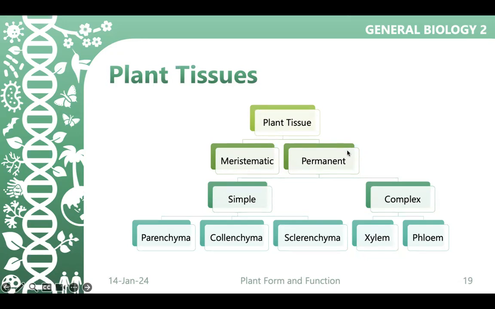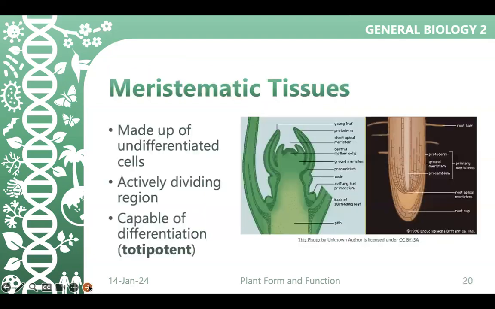Usually, permanent tissues stay as they are until they die. So it's very rare to find a permanent tissue becoming a meristematic tissue. Everything always comes from meristematic tissues. And then we can classify permanent tissues into simple or complex, which we'll discuss later on.